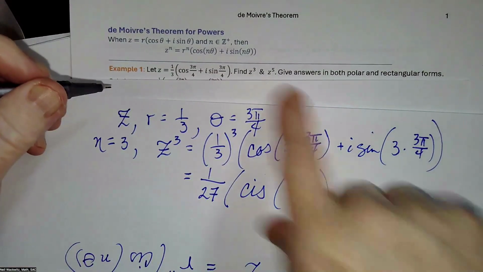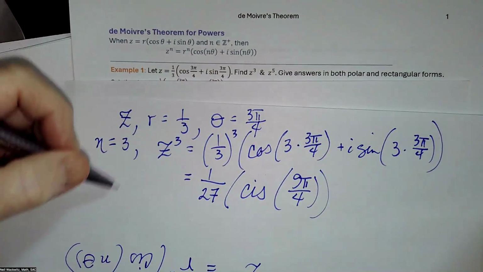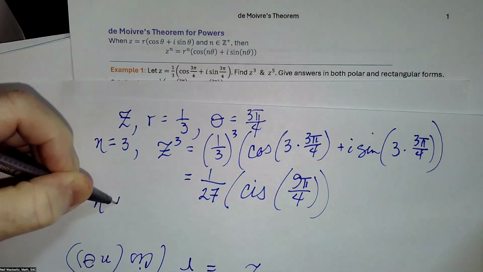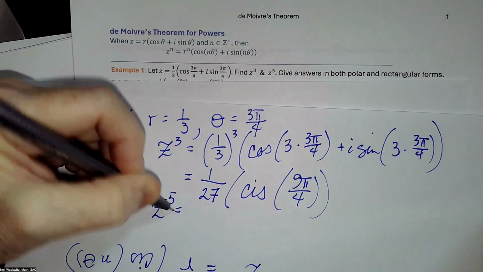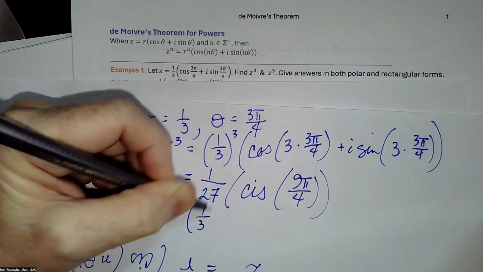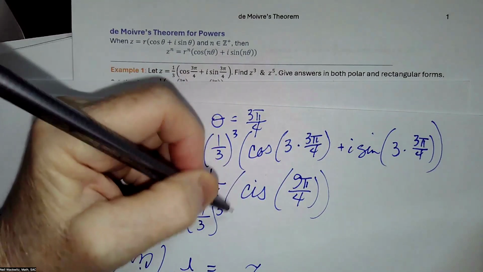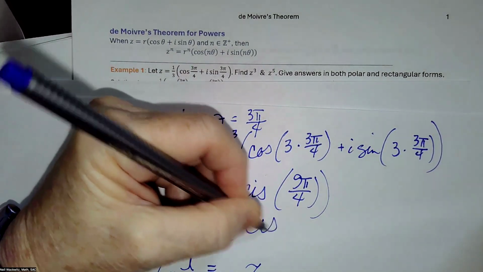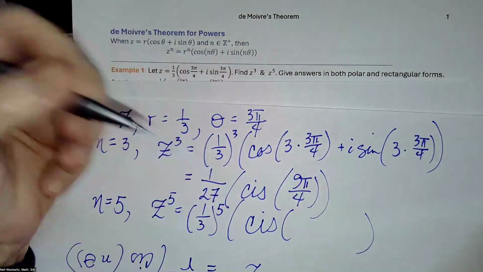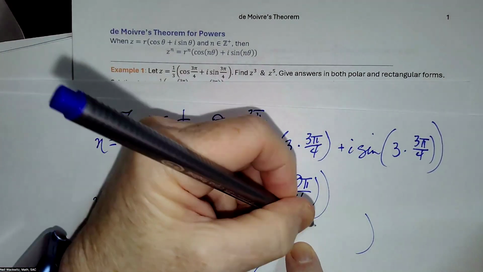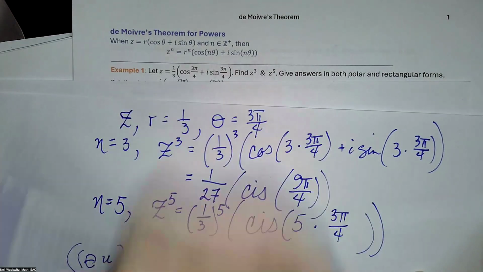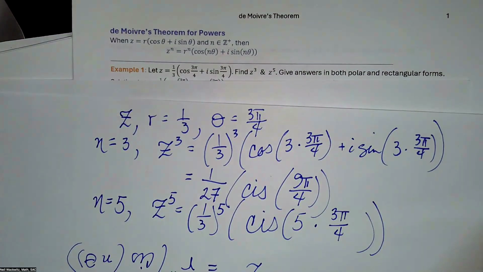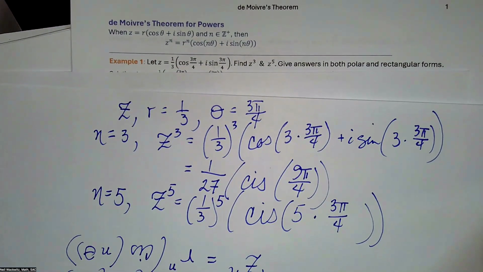Let's find z to the fifth. So this time we have 1/3 to the fifth power, and 5 times 3 pi over 4. Well, 5 times 3 is 15.